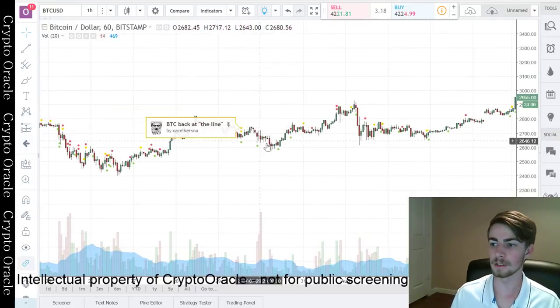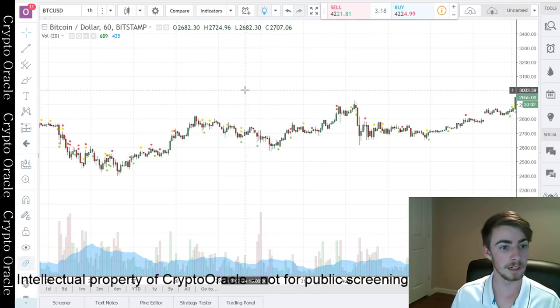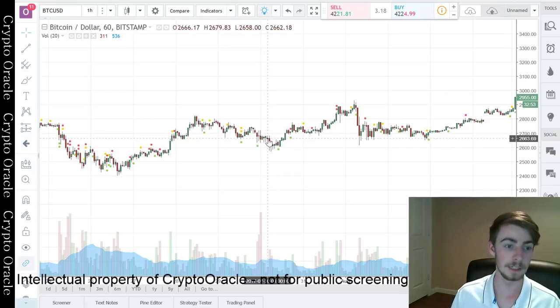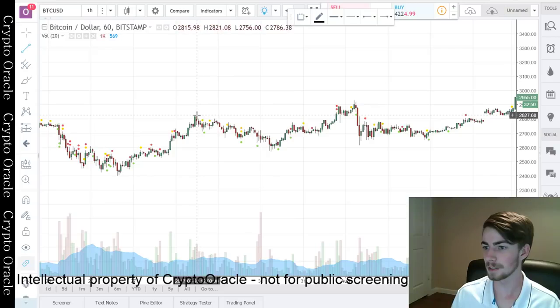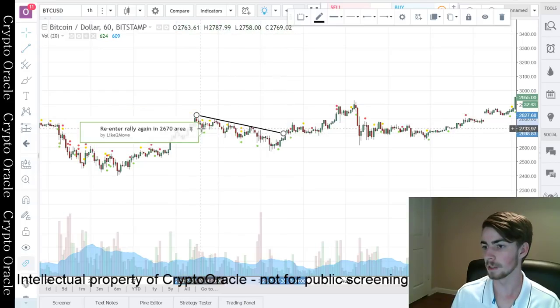So you can see here, this is just the Bitcoin price from a few days back. I'm just going to start off by diving right in and creating a channel. So this area right here to me looks like a descending channel. So let's throw some lines on here and just start creating some visuals, which usually helps people learn.